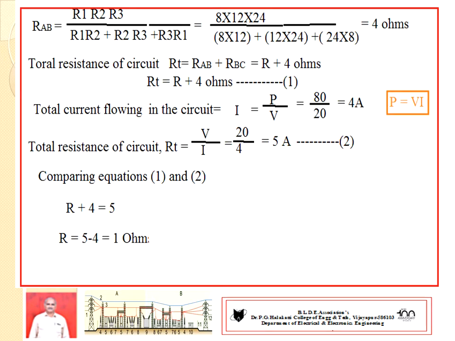You substitute all the values, so I get 4 ohms. Then step number 2, total resistance of the circuit. This parallel resistance is in series with R, so total resistance of the circuit equals RAB plus RBC, that is R plus 4 ohms. Give this as equation number 1.